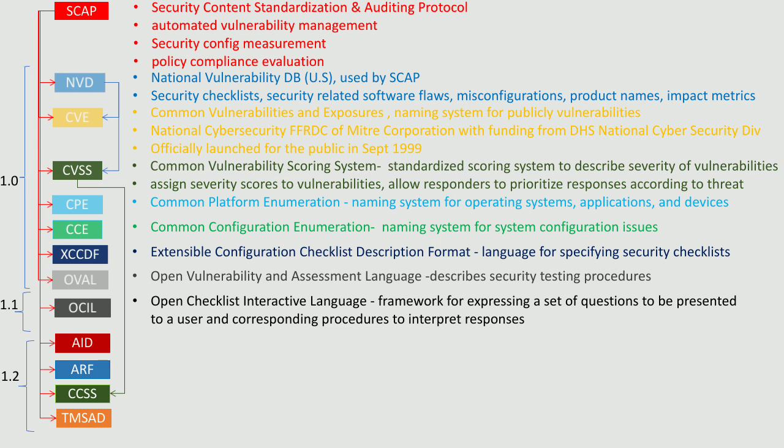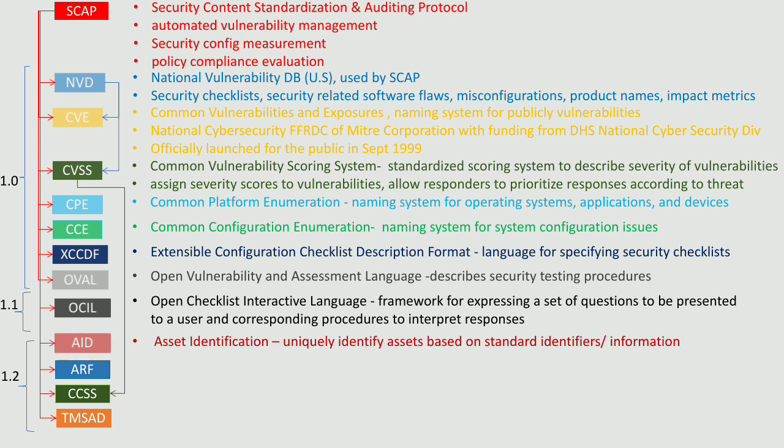And this Open Checklist Interactive Language is a framework for expressing a set of questions which can be presented to the users, and according to this interactive language we can interpret the responses from the user.